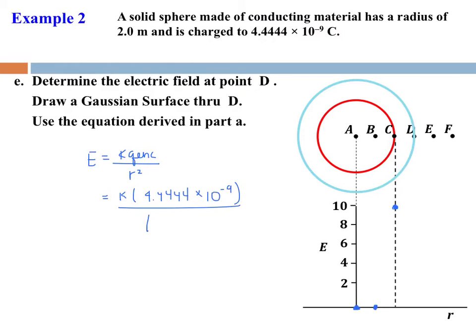So our distance has now increased to 3. So this is 4.4 Newton per Coulomb. And we can plot that in our graph.